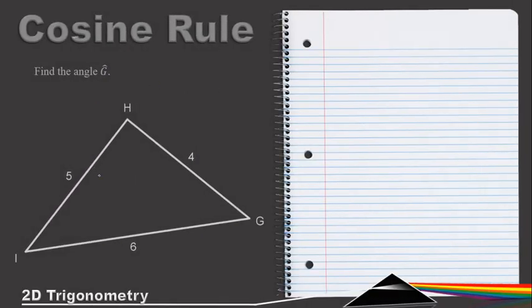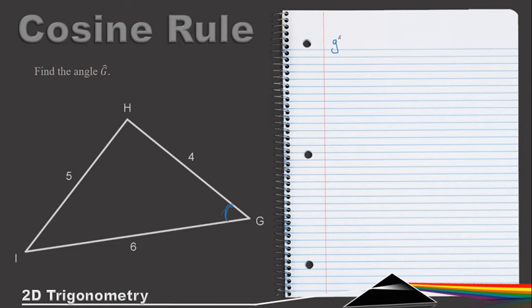Okay, and then we want to find this angle. So there's another indication to use the cosine rule: if you have only three known sides, then we can find any of these angles. In our case, we want to find angle G. So we start with the small g. Since we want to find G, we need cos G to be in the formula.